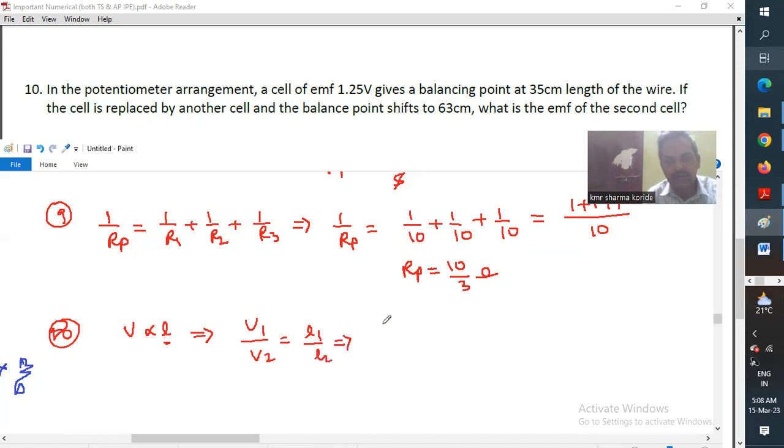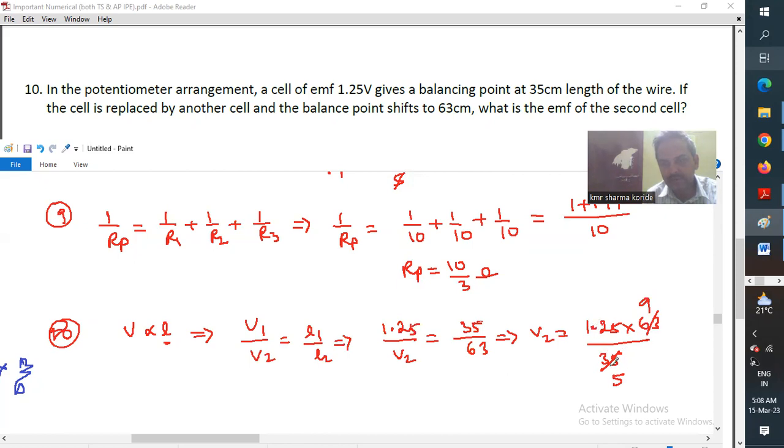So as per the question, V1 is 1.25. We are looking for V2. L1 is 35. L2 is 63. So just multiply 1.25 with 63 divided by 35. So almost you can cancel with 7, 7 5s, 7 9s.